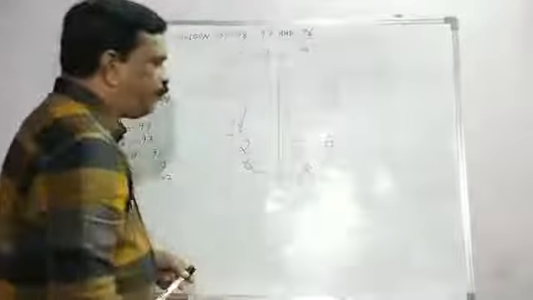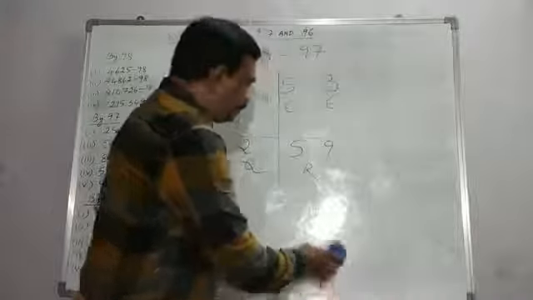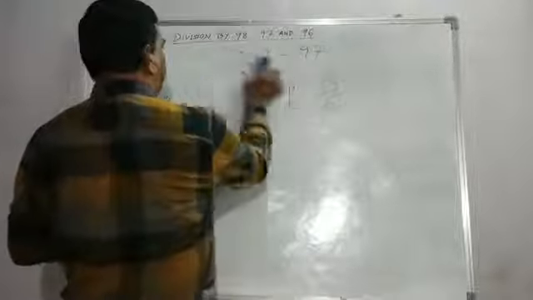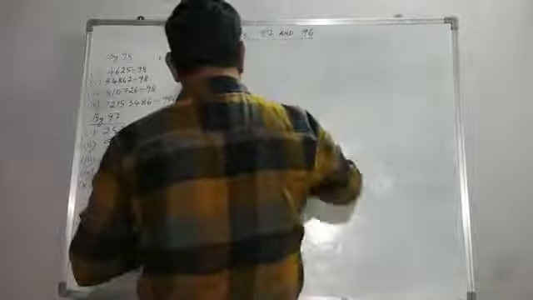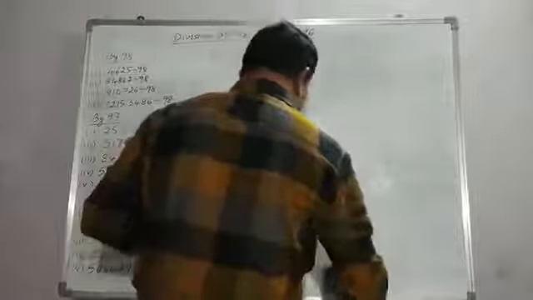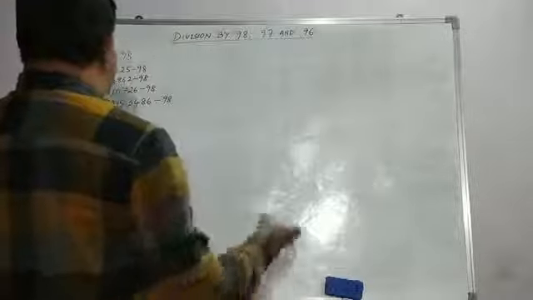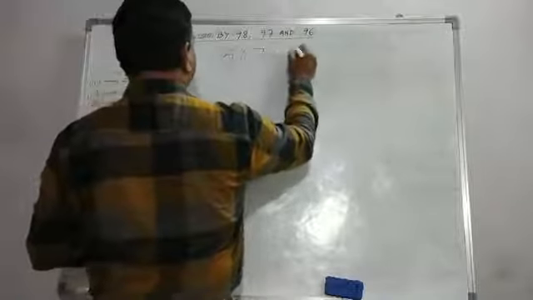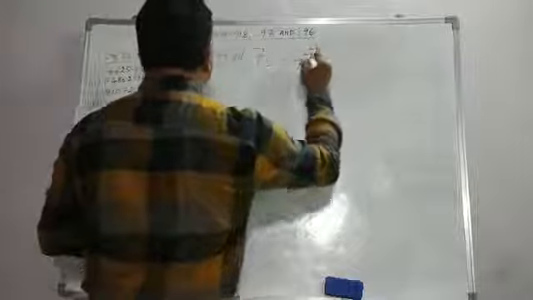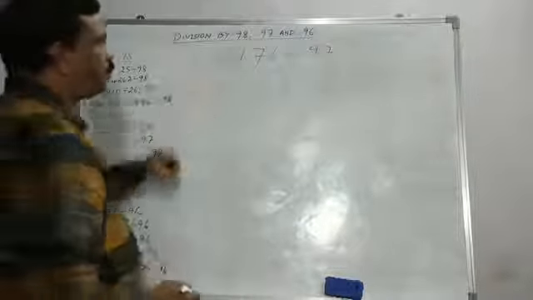Now let us take one more example. 5176 divided by 97. Here we are taking a 4-digit number.